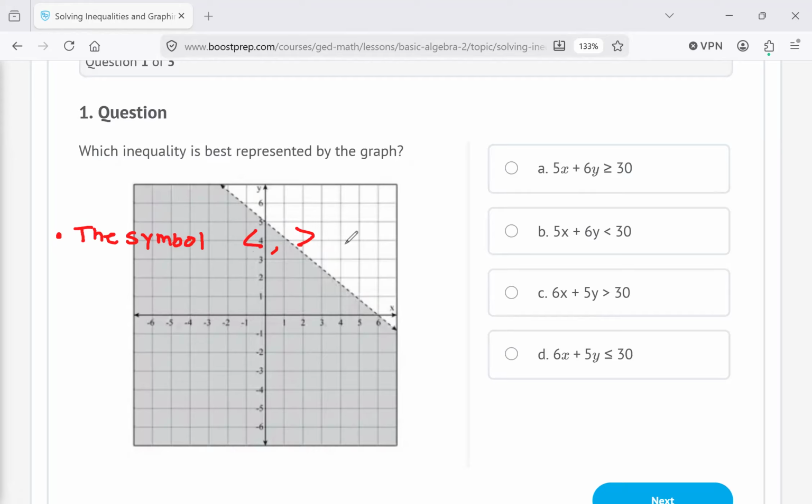If you ever see those signs, it's going to be a dashed line. Now, if you see the symbol where it has less than or equal to or greater than or equal to, that is a solid line.